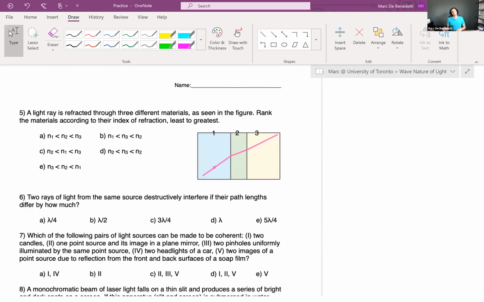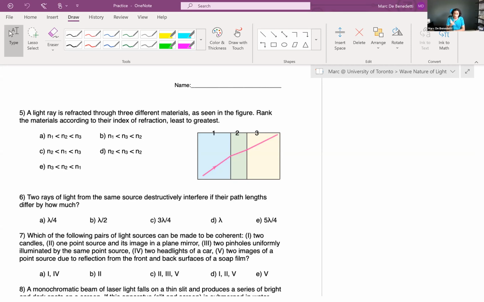Okay, jumping back a little bit into optics, reflection and refraction. A light ray is refracted through 3 different materials seen in the figure below. Rank the materials according to their index of refraction, least to greatest.